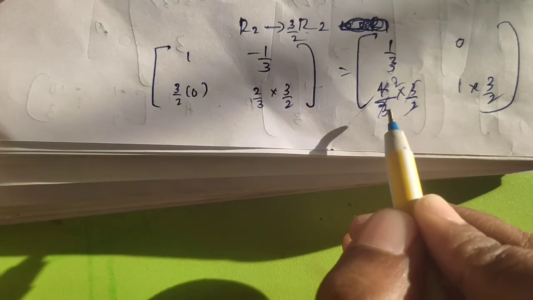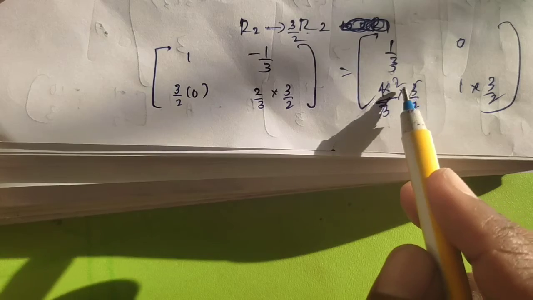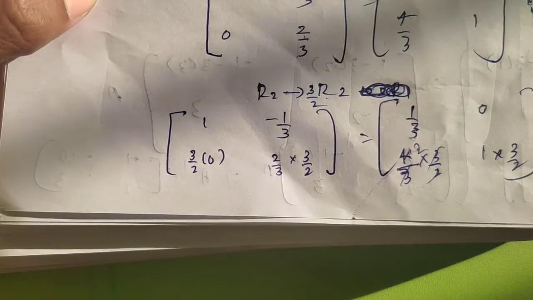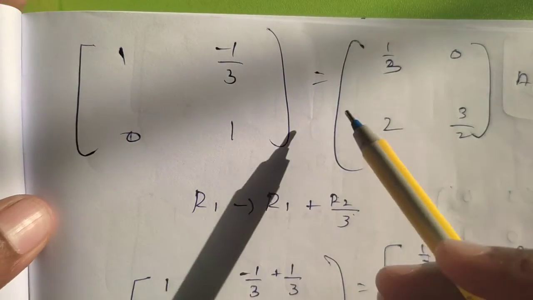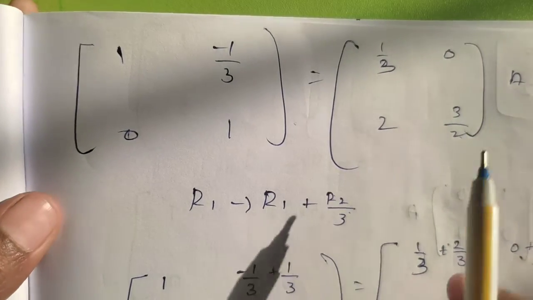So 3, 3 get cancelled, 4 by 2 will get cancelled. We will get 2. On simplification, we get the matrix like 1 minus 1 by 3, 0, 1 is equal to 1 by 3, 0, 2, 3 by 2 into A.